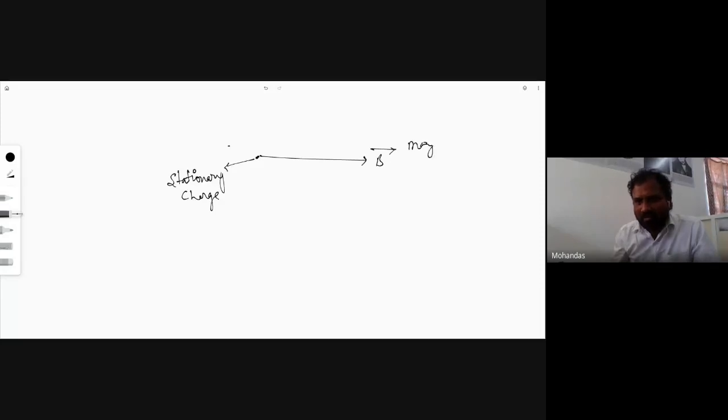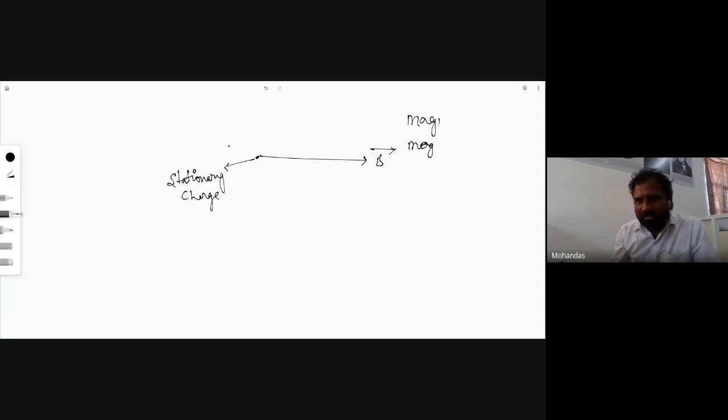See, suppose there is a magnetic field like this. If the same charge, which is at rest or stationary, is placed in the presence of a magnetic field, not in an electric field, observe the difference.